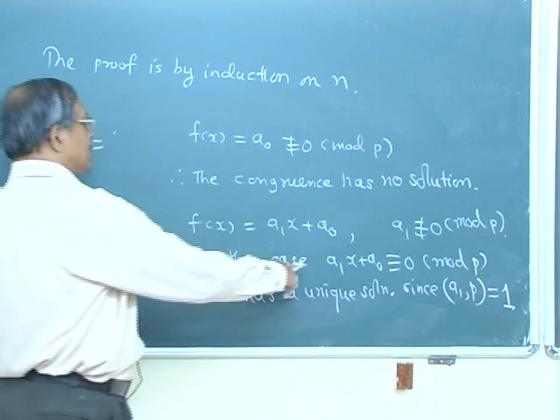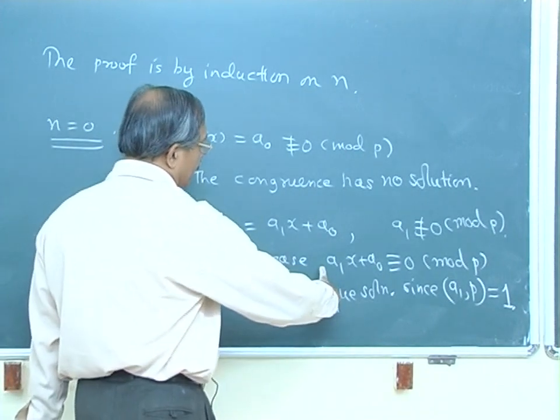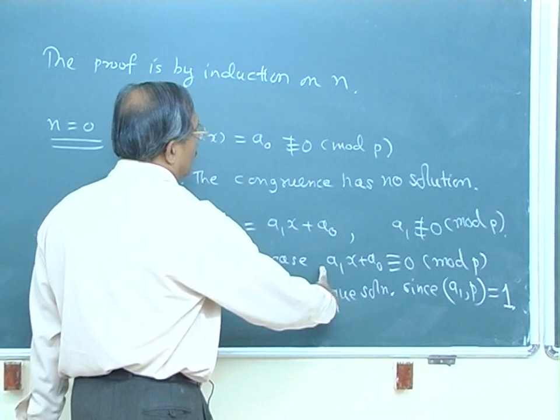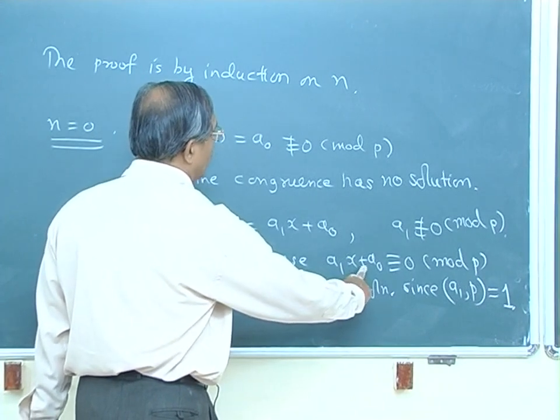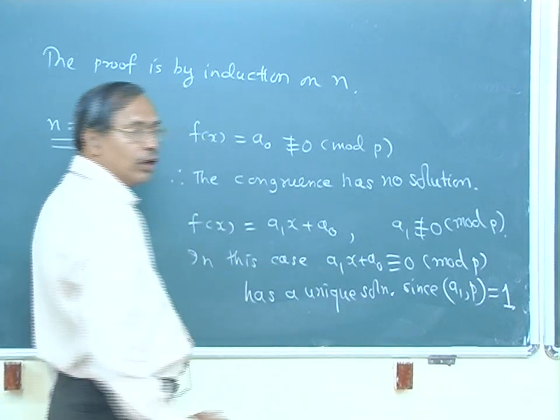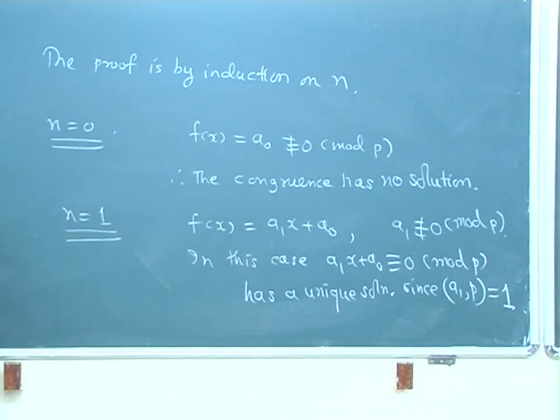So if a1 bar is the inverse of a1 mod p, then x congruent to minus a1 bar into a naught. That's the unique solution. So the number of solutions is less than or equal to the degree of the congruence.